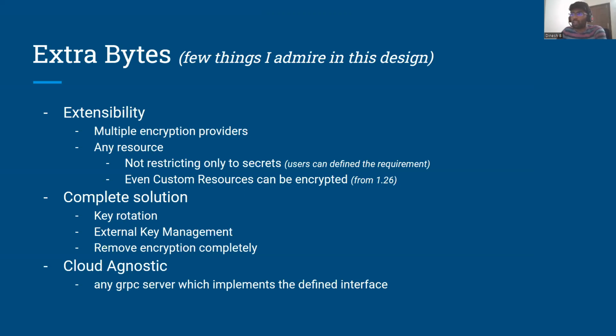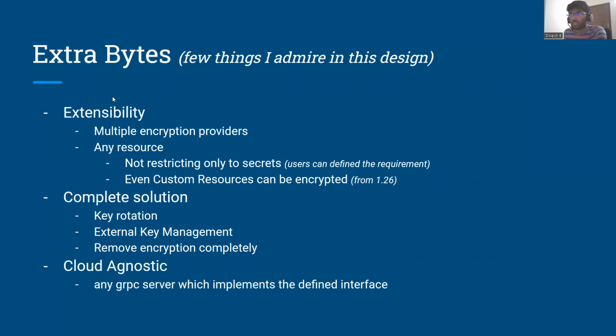Some extra bytes: a few things that I admire from this whole design, how they introduced this encryption as a whole to Kubernetes. These are design things that we can take and apply to anything that we design.